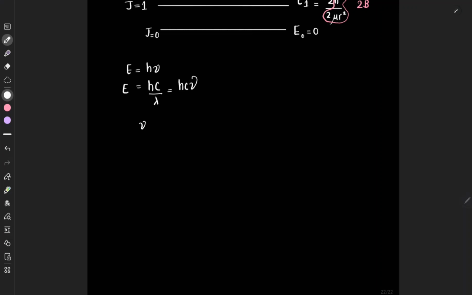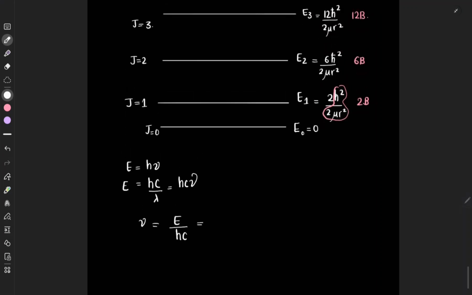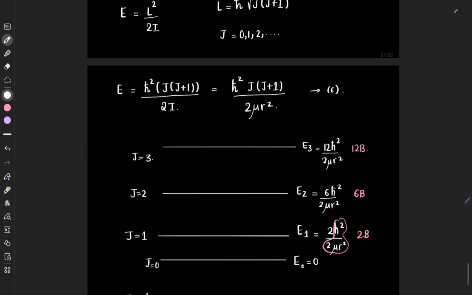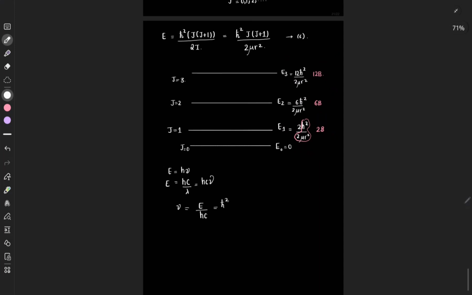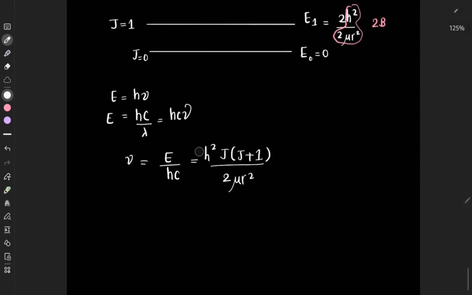Therefore, this will be E by hc, and we found the value of E, that is h cross square j into j plus 1 divided by 2 mu r square. h cross square is nothing but h square by 4 pi square, so this 4 pi square is here, into hc.